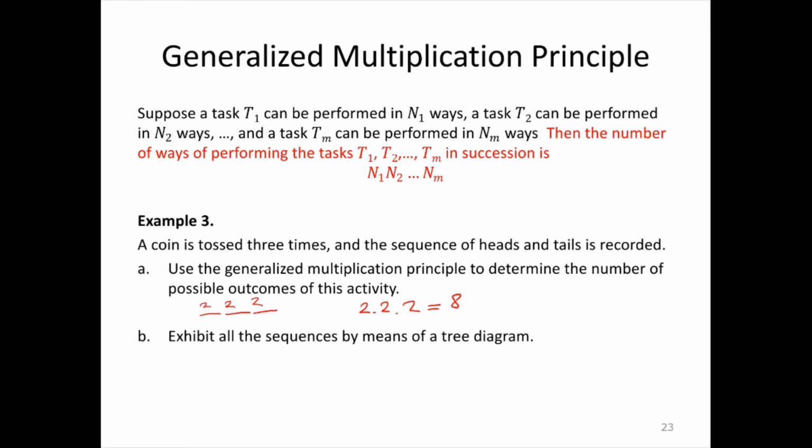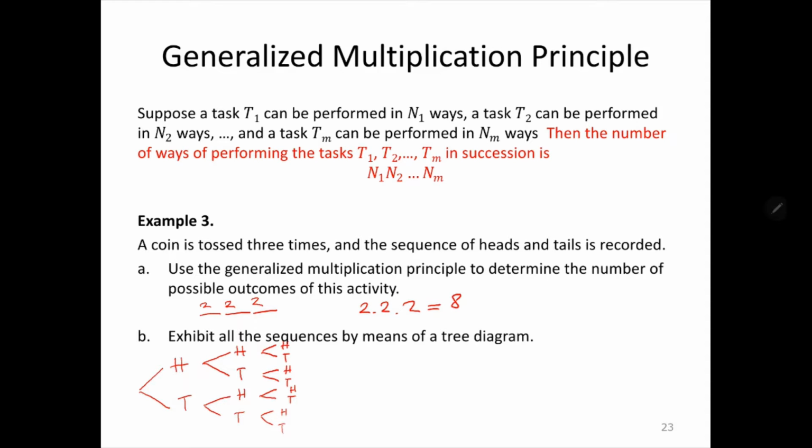We can use a tree diagram to exhibit all the sequences here. We have head and tail for the first toss. The second toss will again be head and tail, and then another head and tail for the third toss.